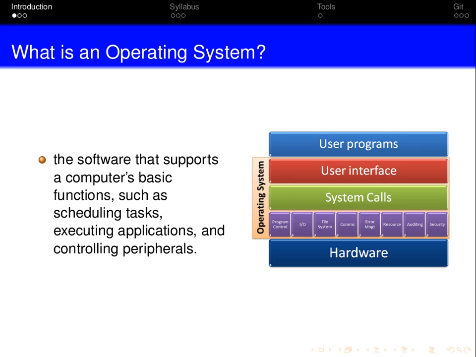So what's an operating system? Well, turns out this definition's a little amorphous, hard to exactly pin down. But really, it's the software that's in between a user program and your hardware. And that's going to contain a lot of different pieces of software. So first off, an operating system is software. It's usually a large collection of software.